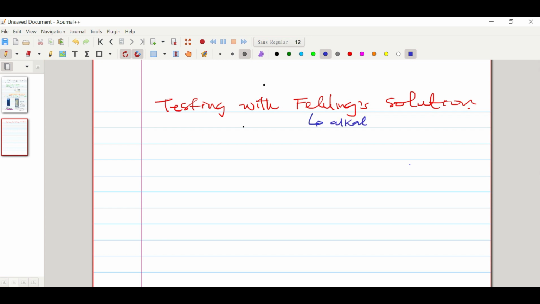An alkaline solution that contains Cu2+, copper 2 ion. And in that reaction that we want to talk about very soon, copper 2 ion will act as an oxidizing agent.